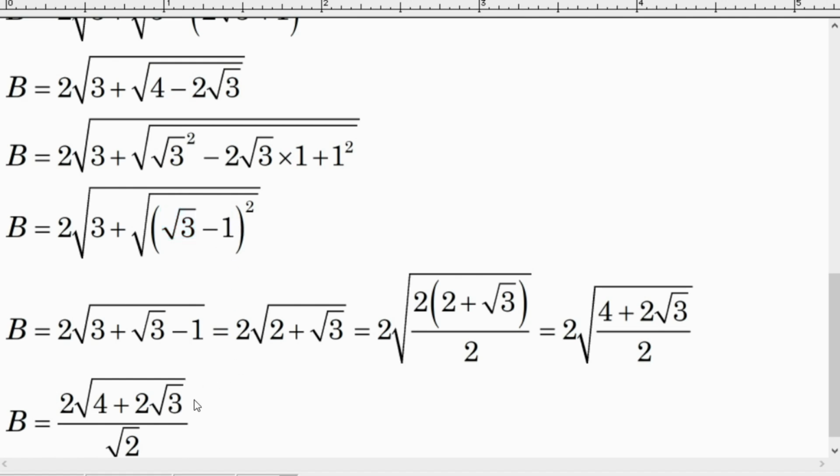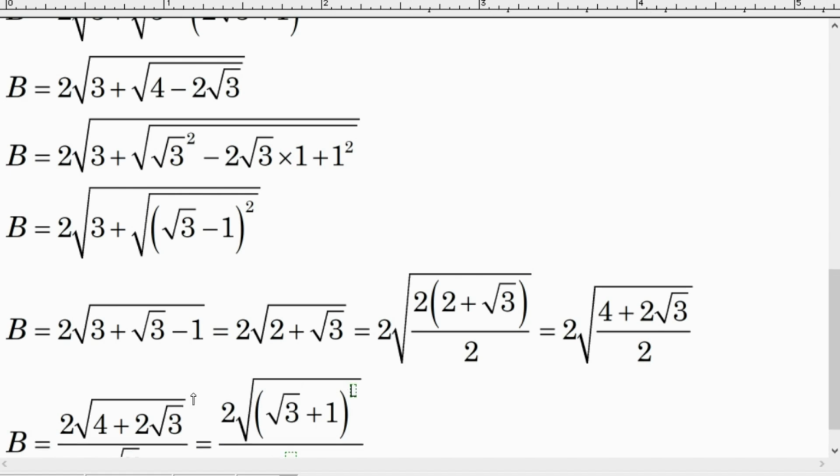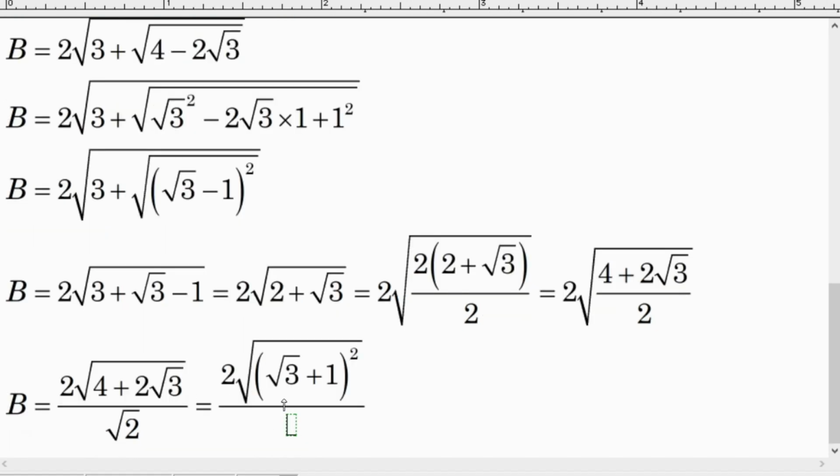So this one, it will give us square root of 3 and then plus 1 all raised to square. Okay, and then divide by square root of 2. When we have negative sign, it gives us negative sign, and when we have positive sign, it gives us positive sign. Okay, and then equal to 2 factor. When we simplify square with the square root, we get the answer, which is this number.